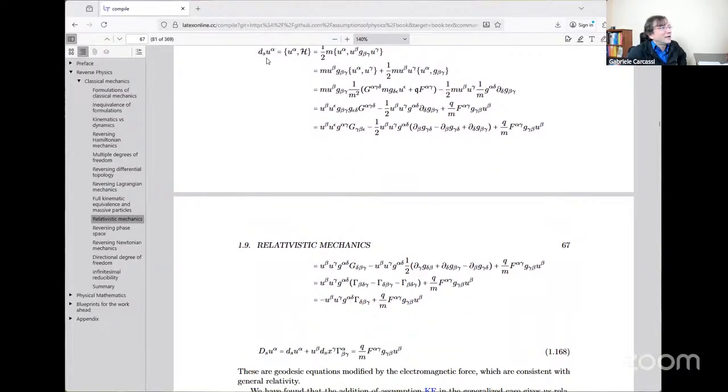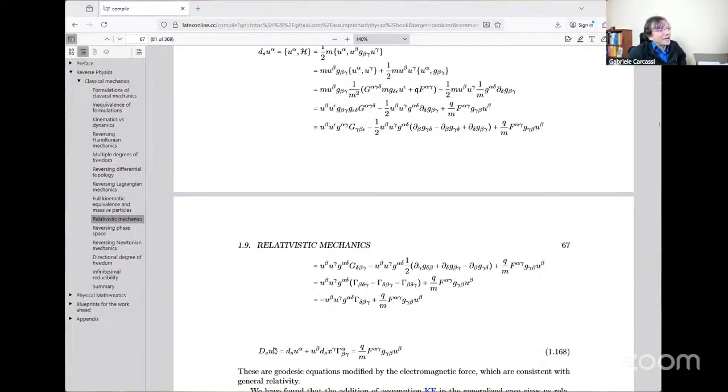So you have d s u alpha is equal to plus q over m, let's say the M field F contracted with the four-velocity, which you would expect. This is the Lorentz force. And then you have essentially twice the velocity contracted with the Christoffel symbol.